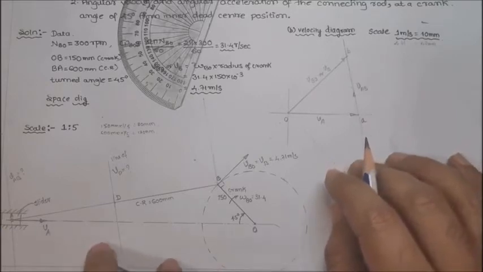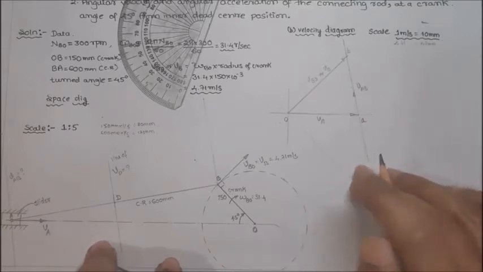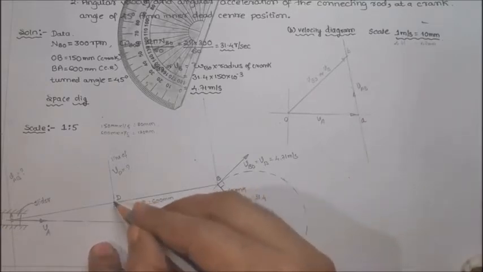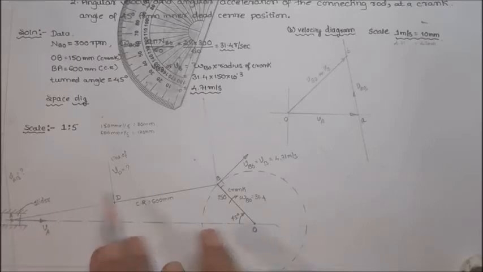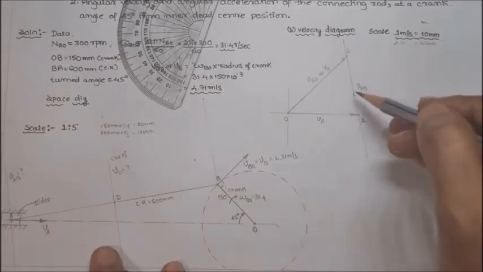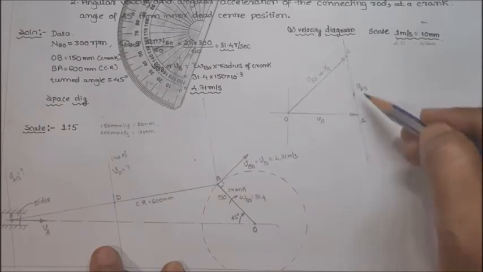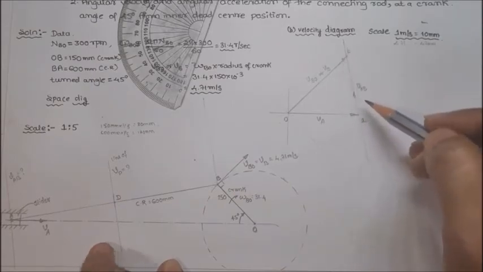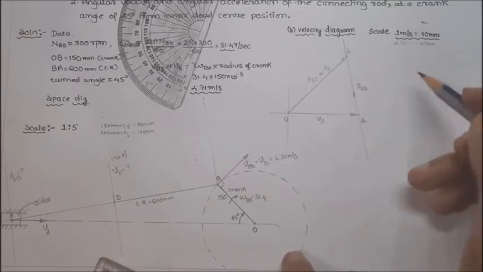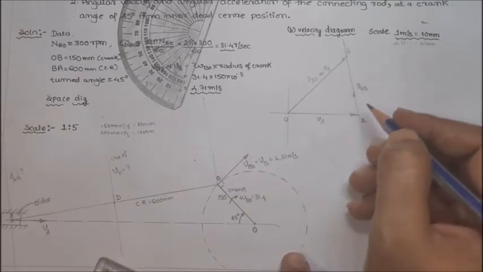Then we need to find out the velocity of point D. Point D is in the mid of link AB. So velocity of D we have to find out in the mid of this line BA. To find that, we use one relationship here.